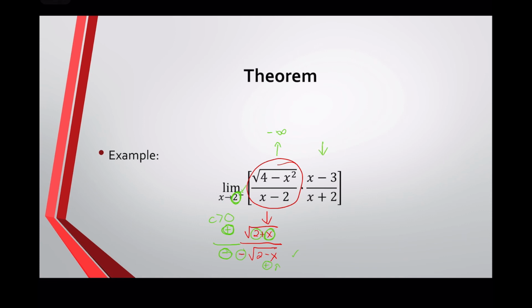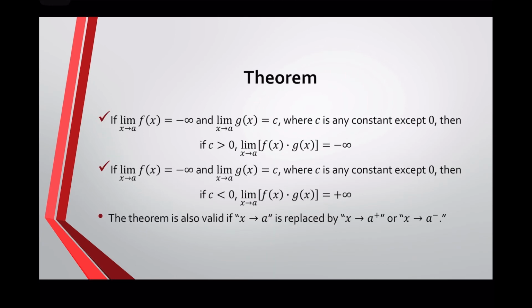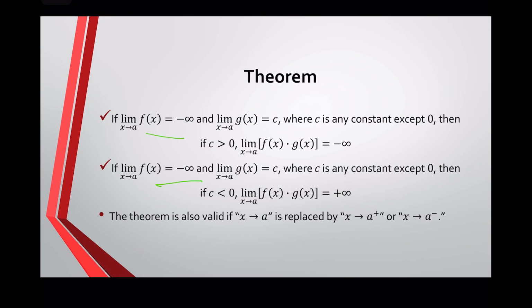So if this would be a negative infinity, we just have to check this part right here if it would be a positive constant or a negative constant, applying this theorem right here, right? If one of the limits of the functions would be equal to a negative infinity, we have to check the limit of the other function if it would be greater than 0, or positive, or less than 0, that would be negative.